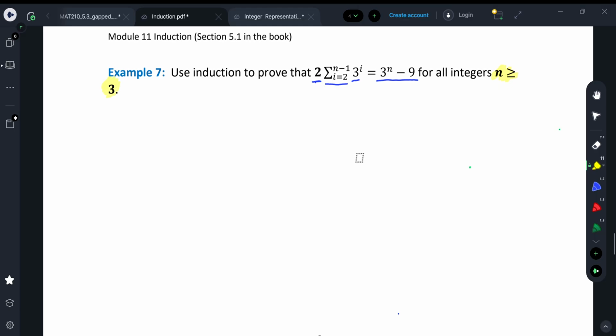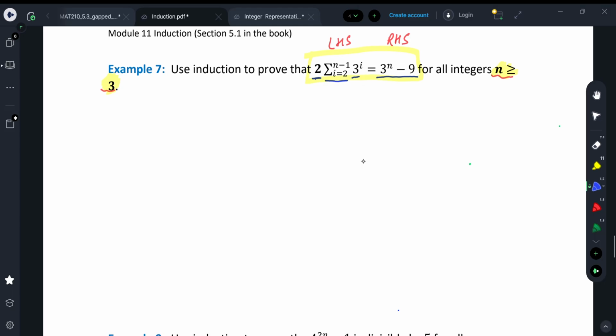So even though the summation starts at 2 here, the equation that you see in front of you, the left hand side equals the right hand side, only holds when n is greater than or equal to 3. So we'll start with the first step of our principle of mathematical induction, which is to write down your statement.